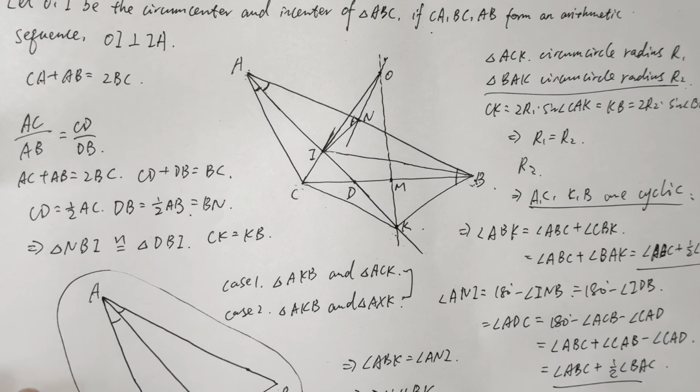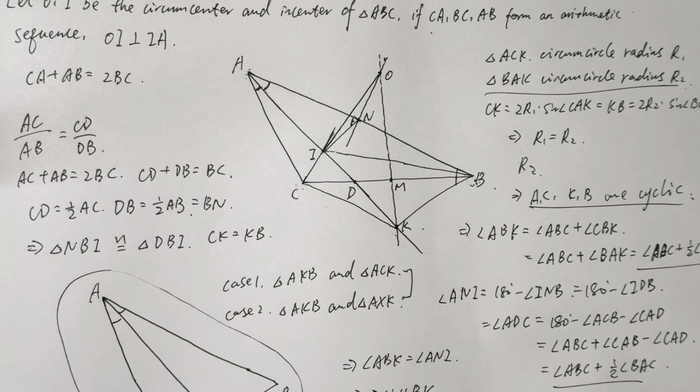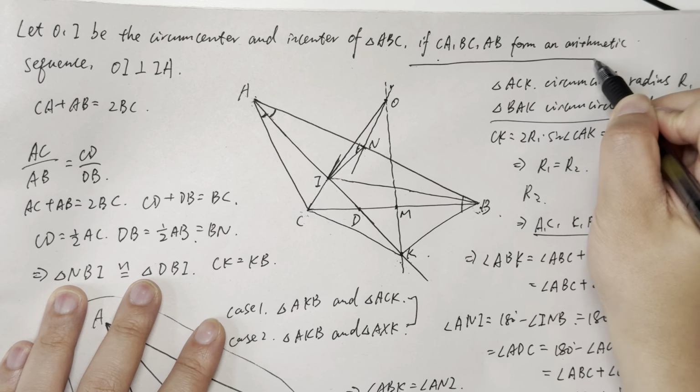So for this problem, it's not a very simple problem. I would say at least it can be used as a national competition problem. It's not very straightforward. You have to understand why this is important, right?